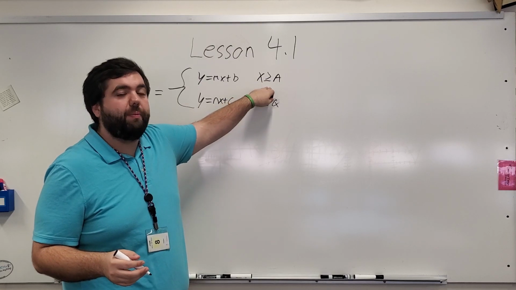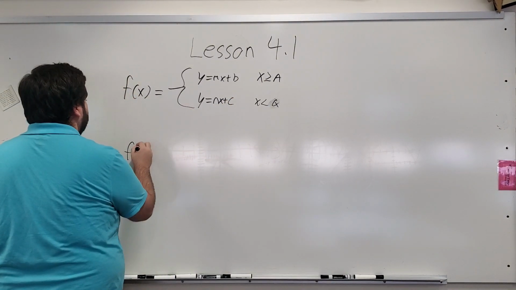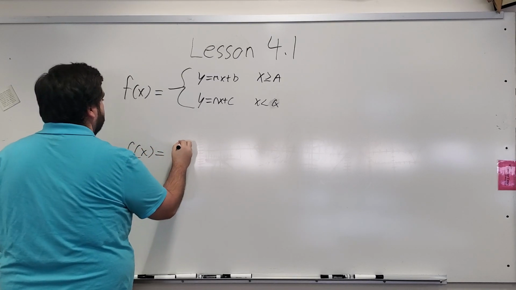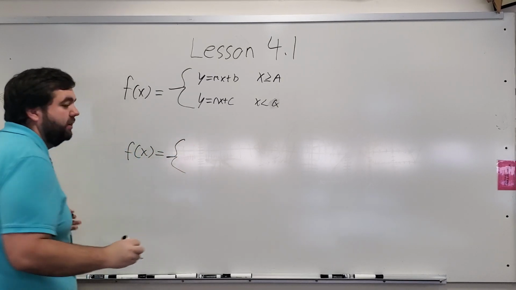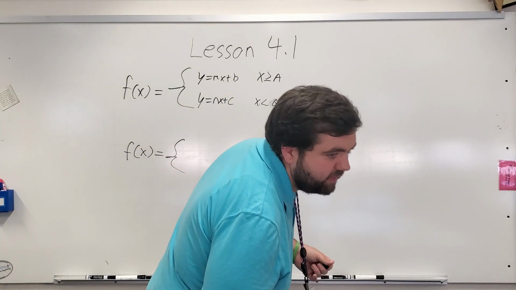So we have all that, and then what we do is we just graph these functions using this domain only. So, for an example, I'd have something like f of x is equal to the piecewise function such that, what do I have here?